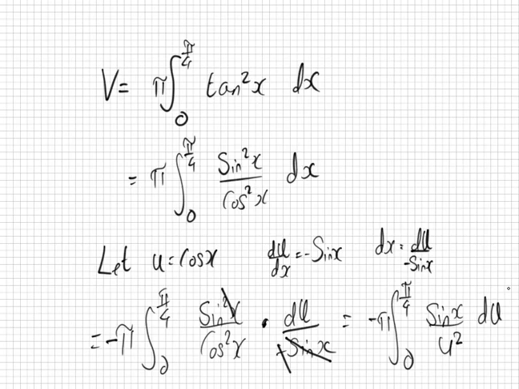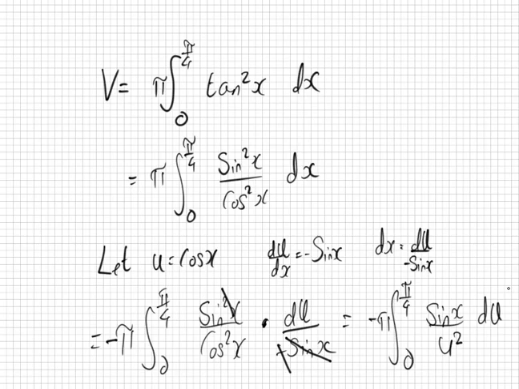But now I'm going to have to change the sine x. So what would sine x become in terms of u? Well, this is the problem. What does u equal? Equals cos x. So maybe I shouldn't change the sine x.